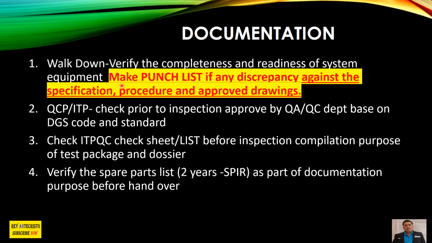Now number 4, verify the spare parts list, the 2 years spare parts, as part of the documentation purpose before handover. For the 2 years spare parts, I also have experience way back in Saudi Arabia. In Saudi Arabia, this is not what we call SPIR.